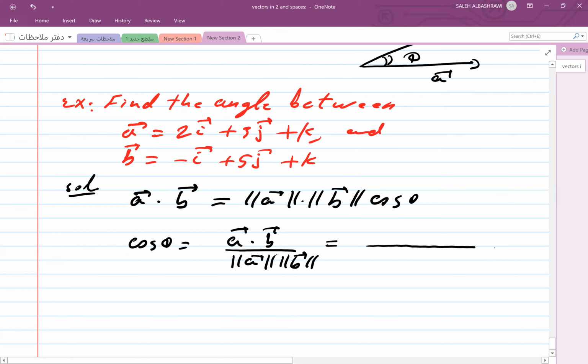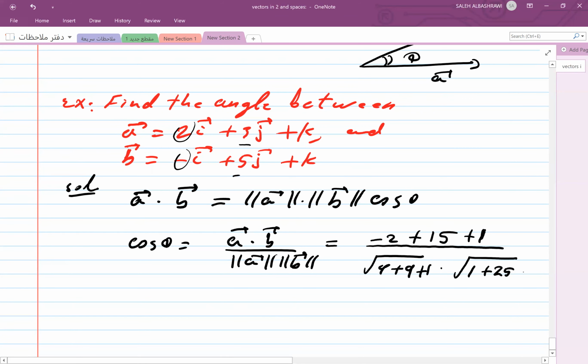For the magnitude of A and magnitude of B: the magnitude of A will give me 4, the square of the components, plus 9 plus 1. Second one is 1 plus 25 plus 1. The magnitude of A equals the square root of 14. The magnitude of B equals the square root of 27.